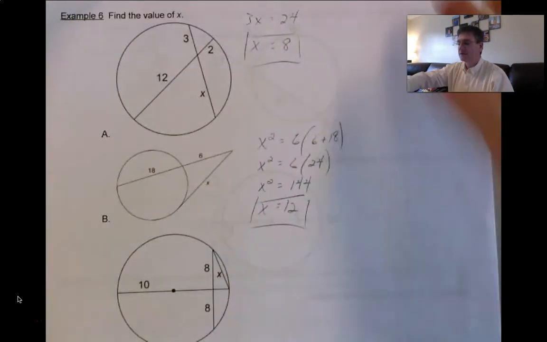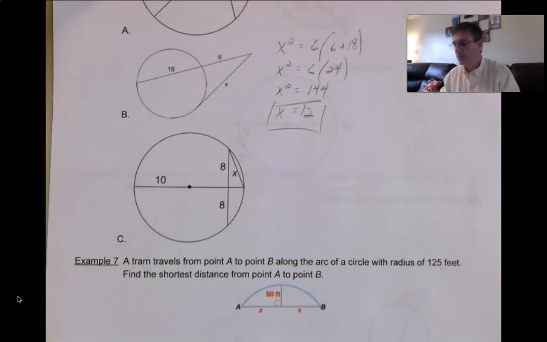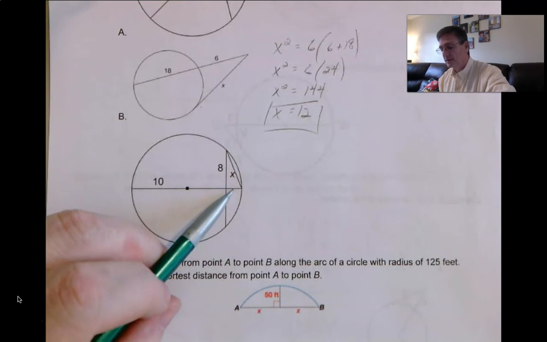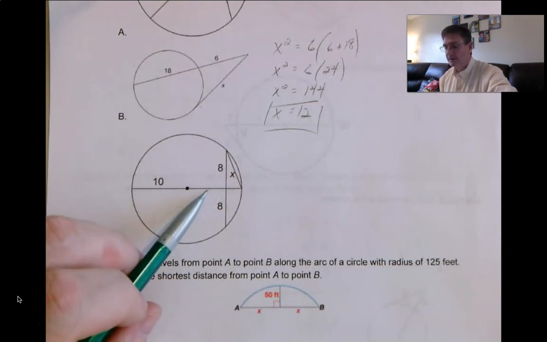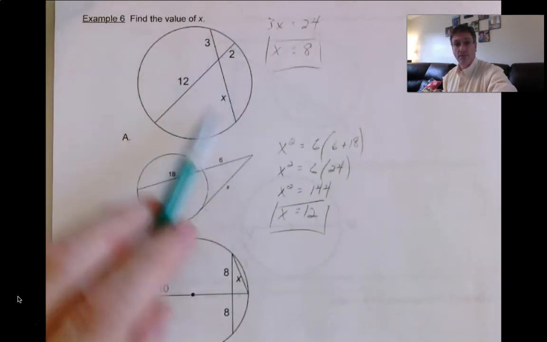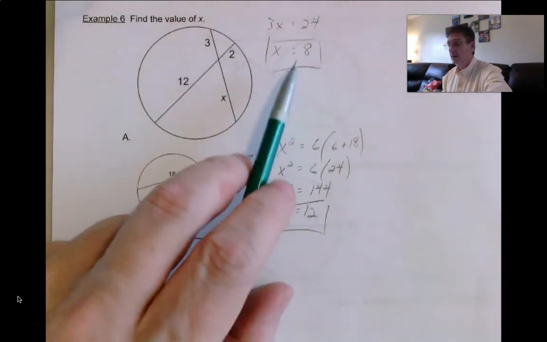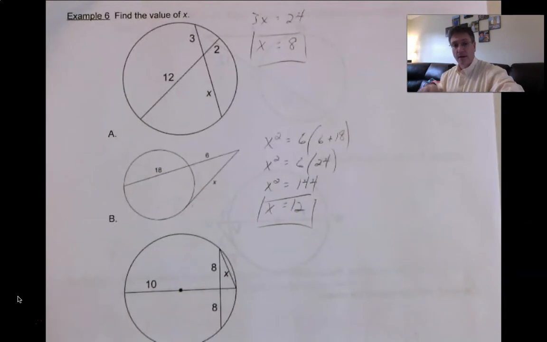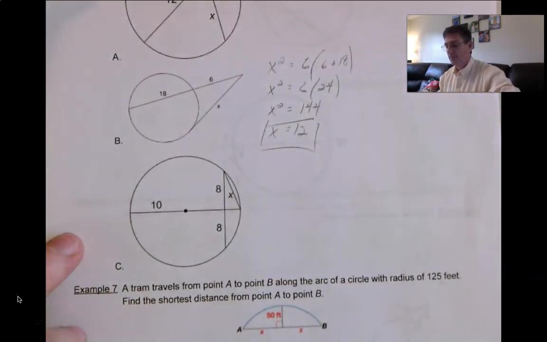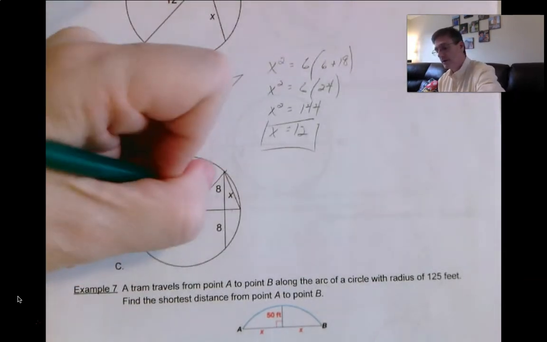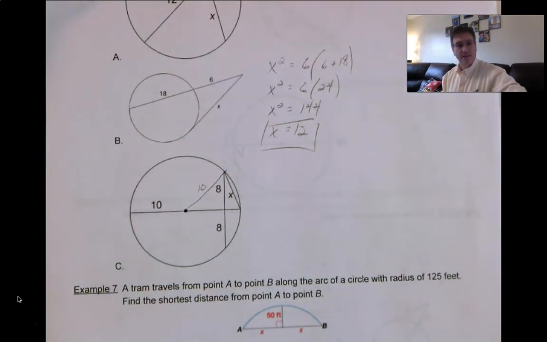And part C is the first time we run into a problem that's a little bit tricky. Now what we could do is give this a new variable: if we call this y, we can call this 10 minus y. And we can use this product theorem up here to calculate what y is, and then use the Pythagorean theorem. But there's actually a quicker way, and that is to draw in this radius, which we know is 10.